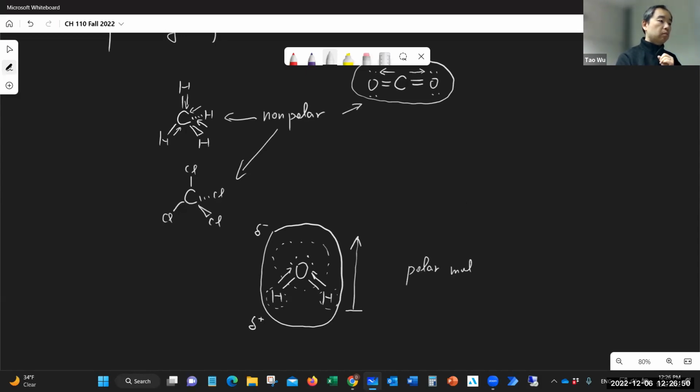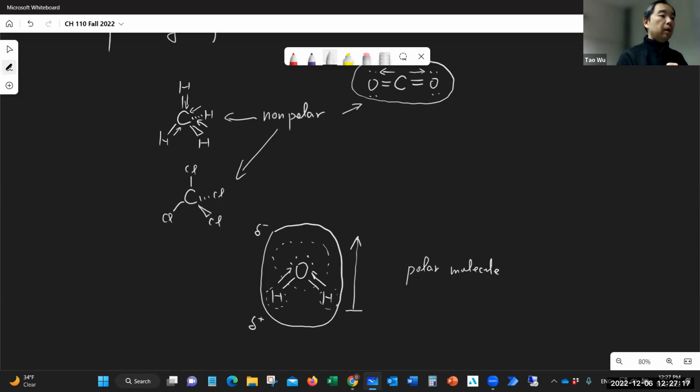The reason is that there's no force that cancels the top part. So the top part is more dominant with the negative charge, and the bottom part is more dominant with the positive charge. Are you with me? Okay, so water is a very typical polar molecule.